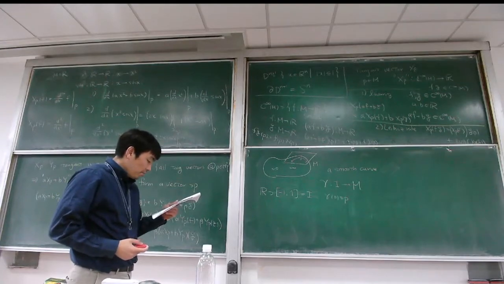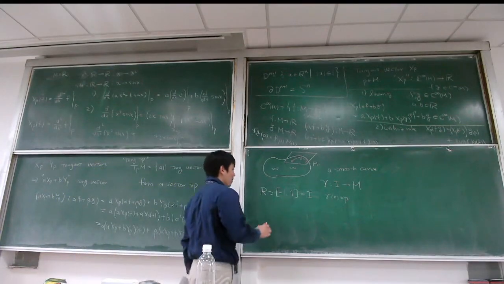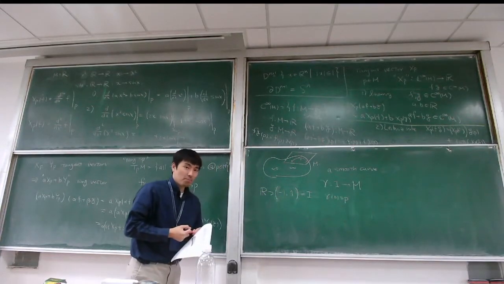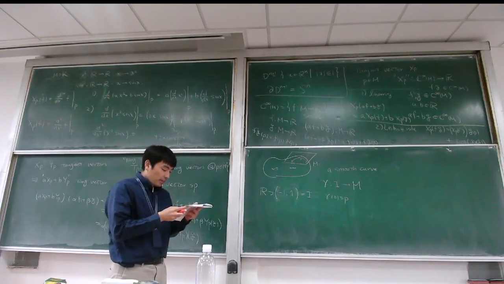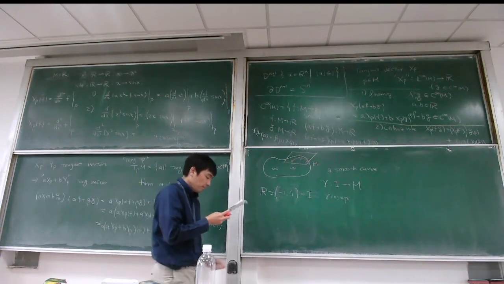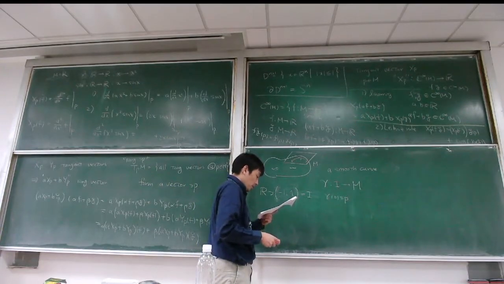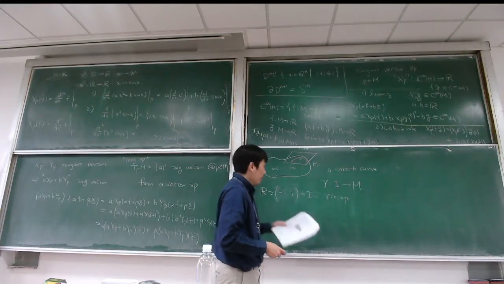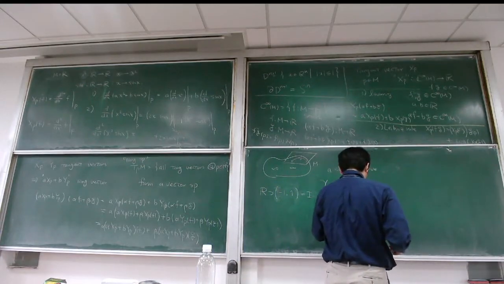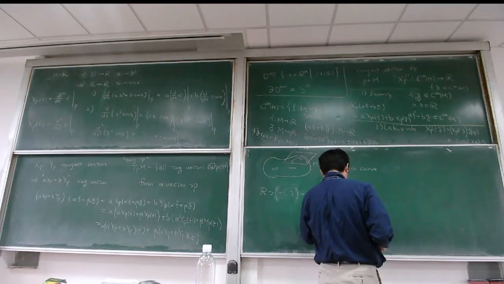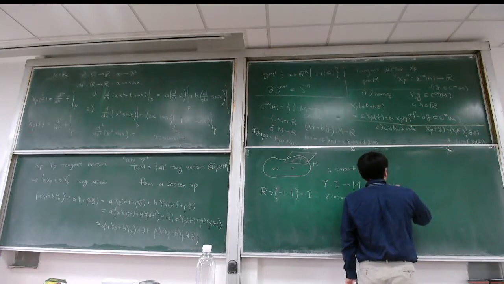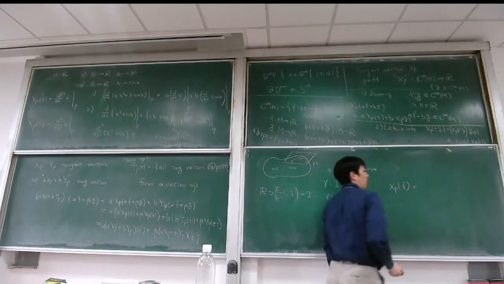I didn't include minus 1 and 1 in my lecture note, I just put the open interval, whichever. It's not important. And then one can take and define the tangent vector acting on f as follows.